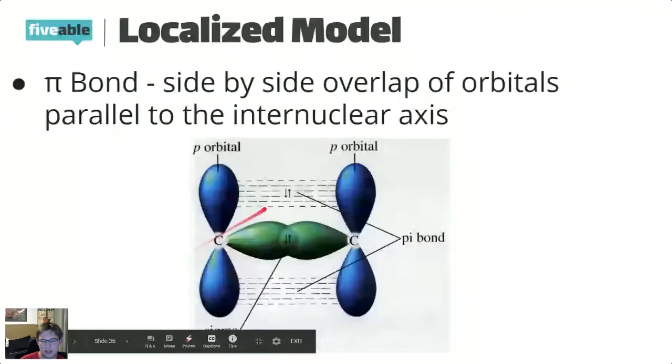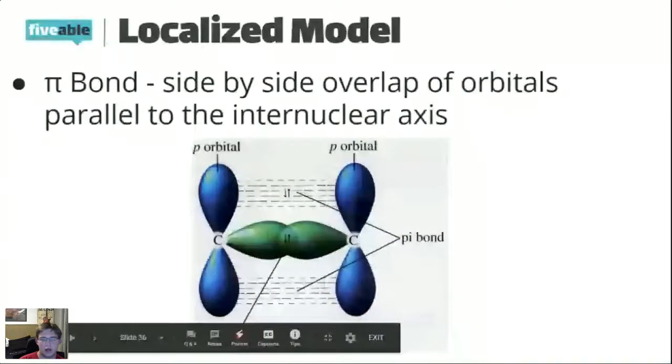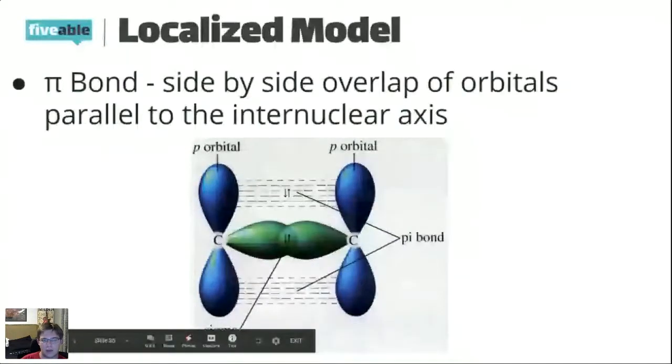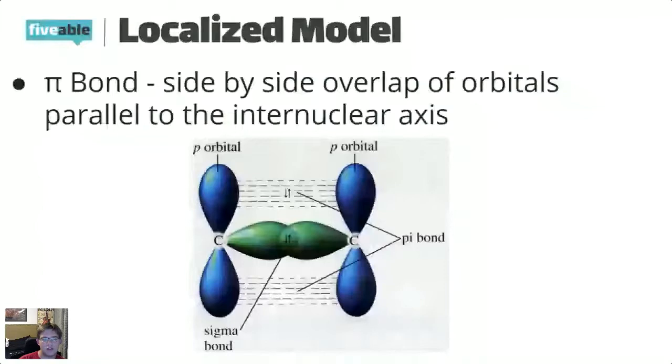Think about it in 3 dimensions. Those p orbitals have an attraction to each other in the form of a pi bond. With a sigma bond, we see this direct overlap, whereas with pi bonds, we see these lone p orbitals indirectly overlapping with each other, parallel to the internuclear axis.